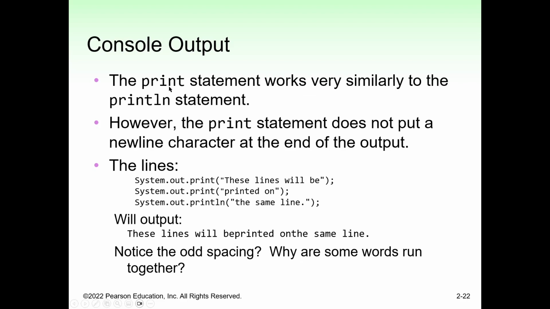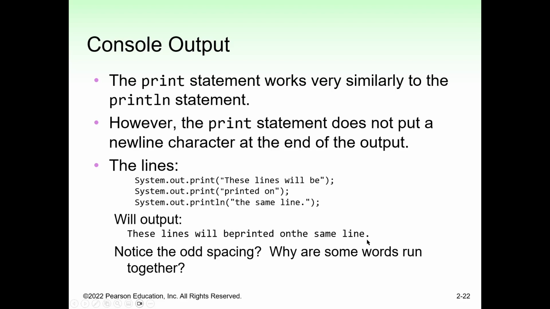Now, print works very similarly. However, as I mentioned before, it's not going to move your cursor to the next line. So whenever we have System.out.print right here, these lines will be printed on the same line. This will output exactly like this. These lines will be printed as one word on the same line.